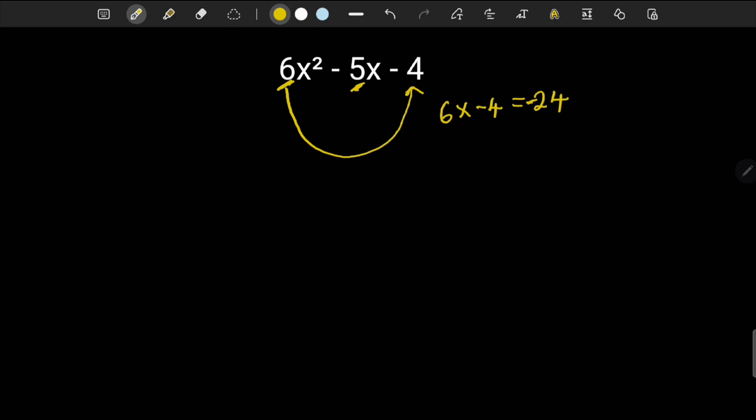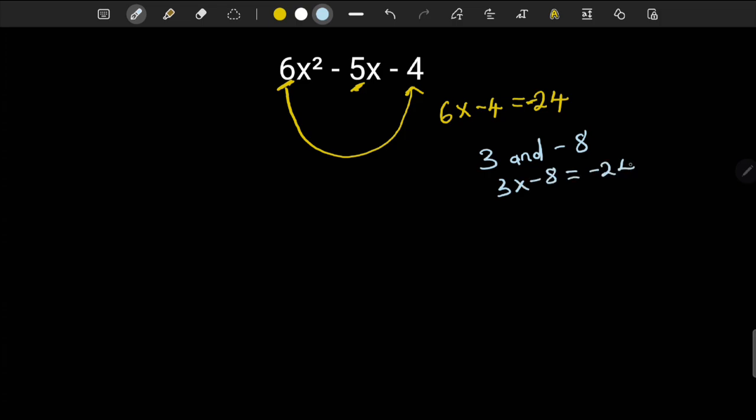So the best numbers here will be 3 and negative 8, right? So 3 times negative 8 will give us what?